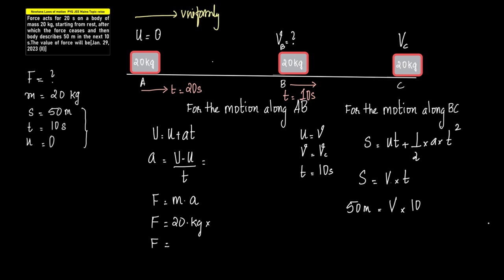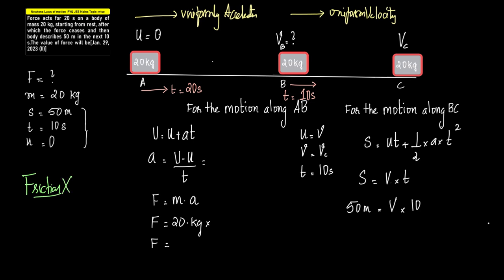The first half is uniformly accelerated. Why? Because it is under the presence of an external force. This force ceases to exist here, which means from here it is going to be at uniform velocity. Why? Simple logic, because friction is not present here. Nothing is being said about friction.